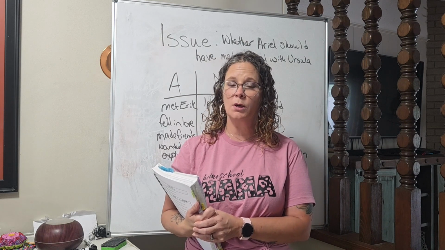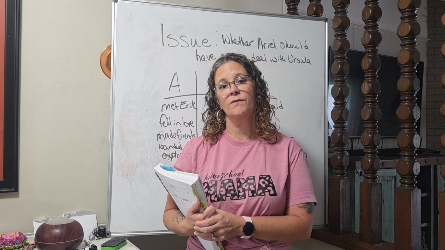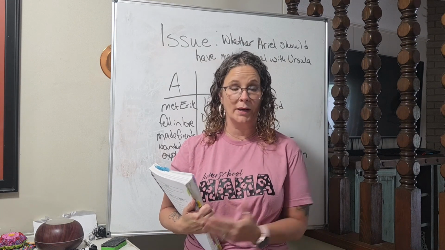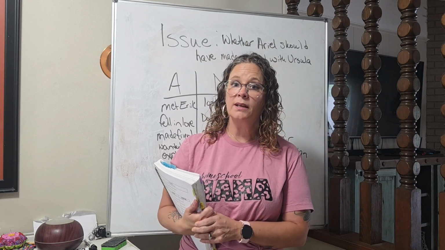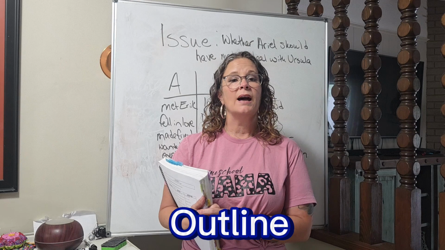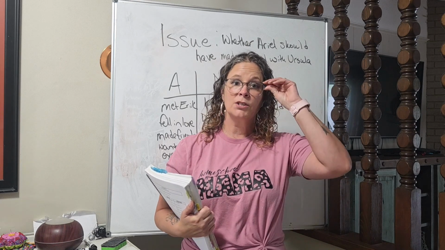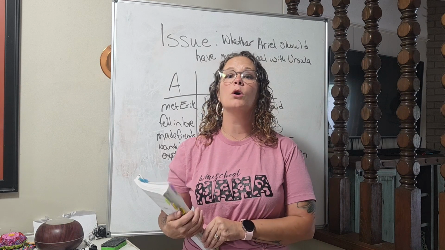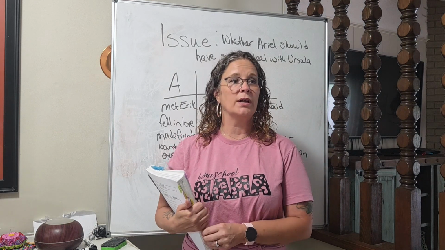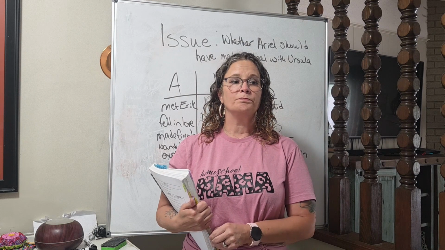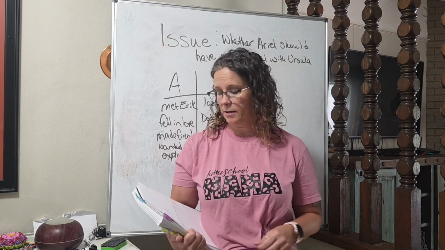But during arrangement, we figure out the order in which we're going to say them. So the end result of an arrangement week is an outline, which I think most people are really familiar with. It's a really useful skill that will go with them for a long way. So arrangement week is when we learn how to create an outline. That will always be the end result of an arrangement week.